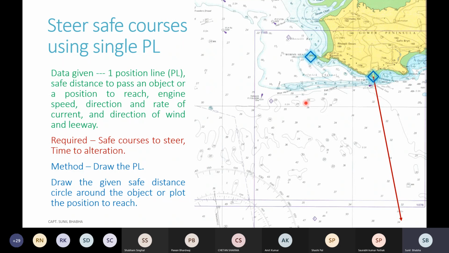So let's draw the safe distance circle now. So you can see this safe distance circle marked on the chart. We have to maintain this particular safe distance from this object, that is the Worm's Head point.